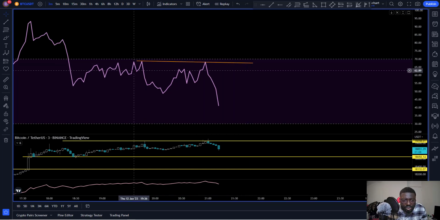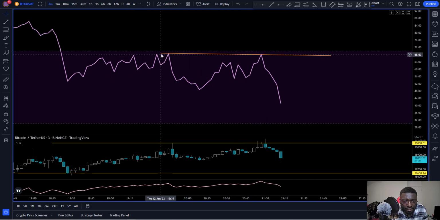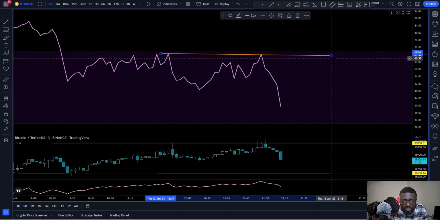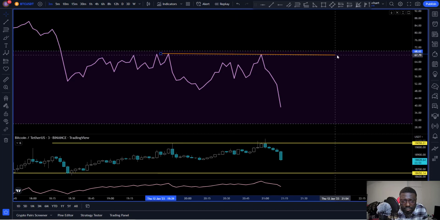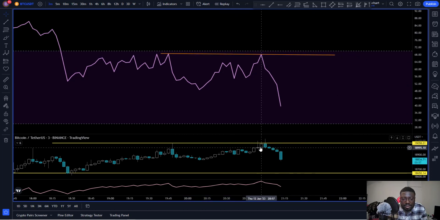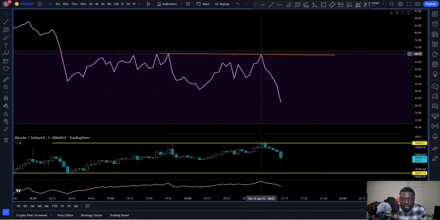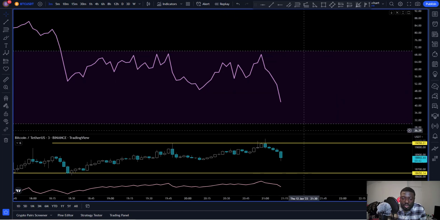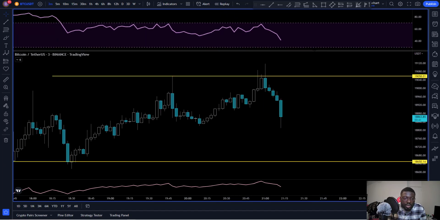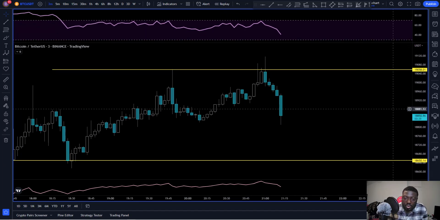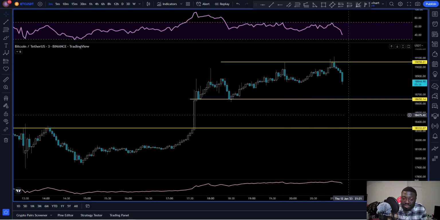You see this particular high, there is a very clear divergence also on RSI. This high is lower compared to this side, but price action is higher. So that would have been the confirmation I need to short the market, but I wasn't looking at the 3 hours time frame. Rather, I was looking at the 5 minutes time frame.